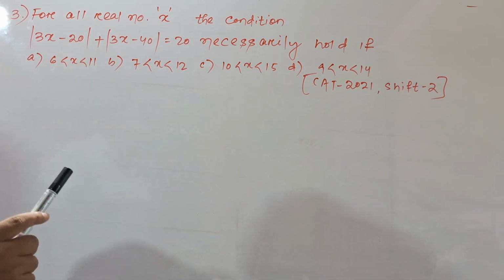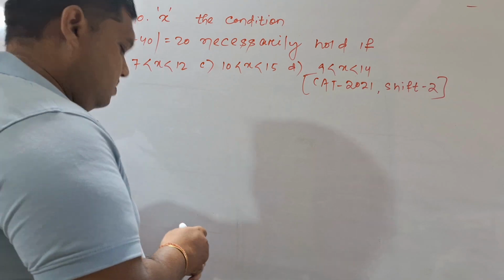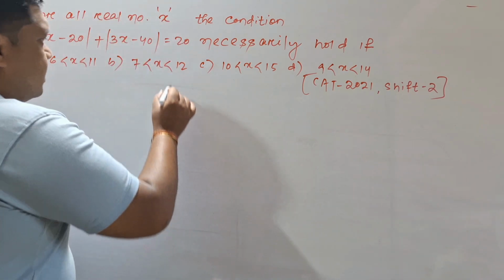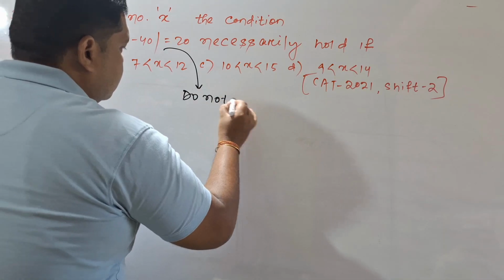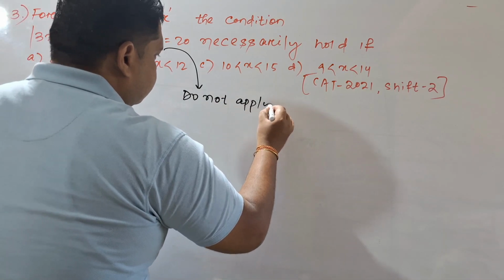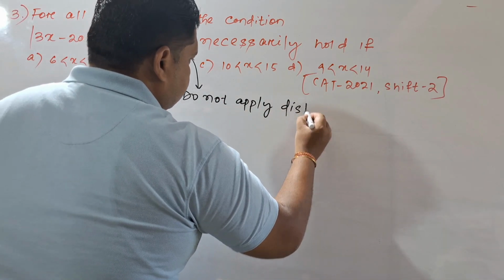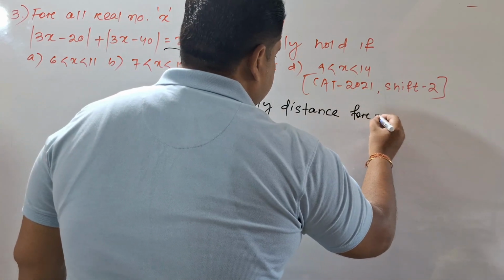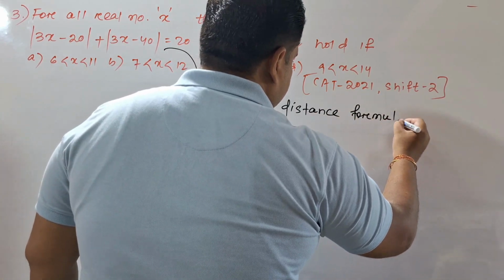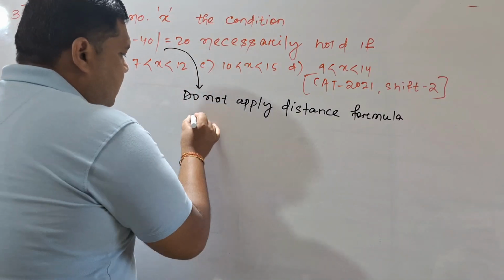Acha, the previous question was based on the distance formula, but here you cannot apply the distance formula. Do not apply the distance formula here. The distance formula has certain restrictions.